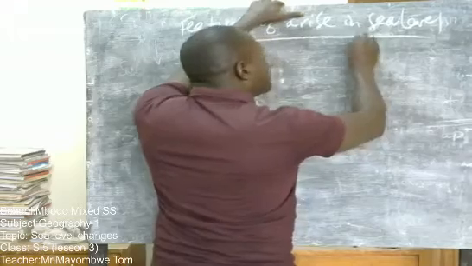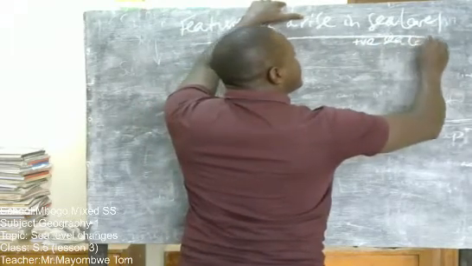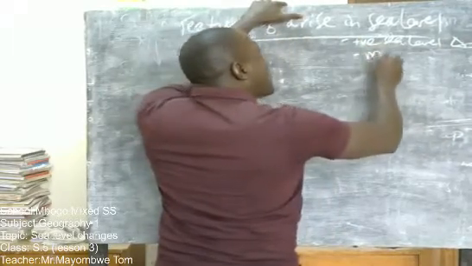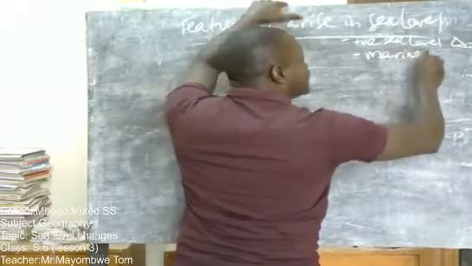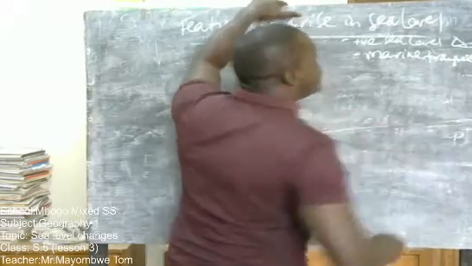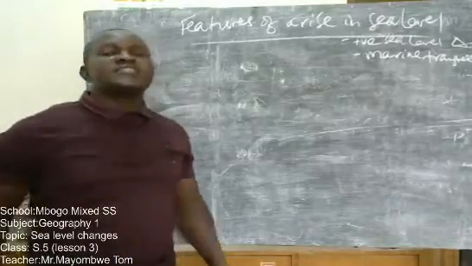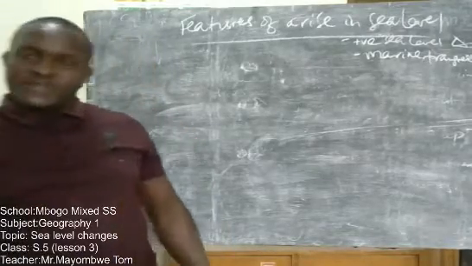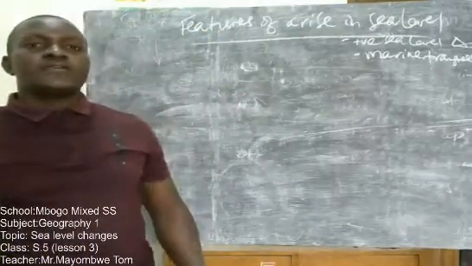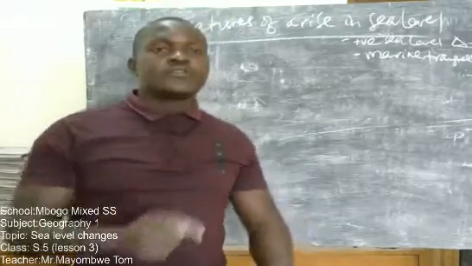They may also call them features of positive sea level changes. They may also call them features of marine transgression. So they are all the same. Features of a rise in the sea level are the same as features of positive sea level changes. They are the same as features of marine transgression.